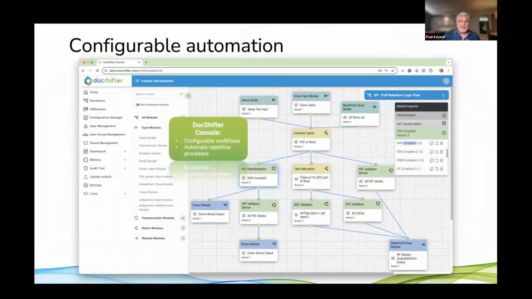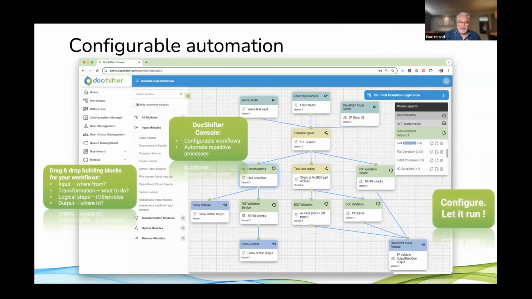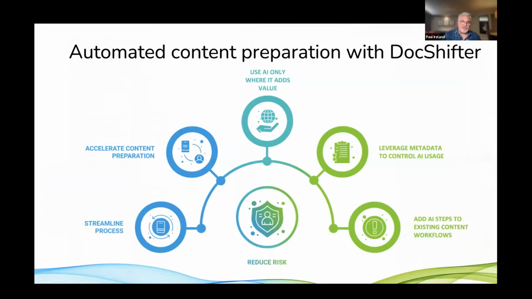Ultimately, these are configured in the background for you, and you can create your own workflows in the future as well. That is how we provide the automation platform, and we've had various sessions on that. A lot of that automation is really focused around reducing risk, streamlining your process, and accelerating the content preparation process.